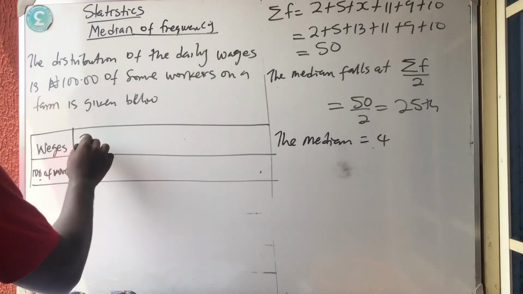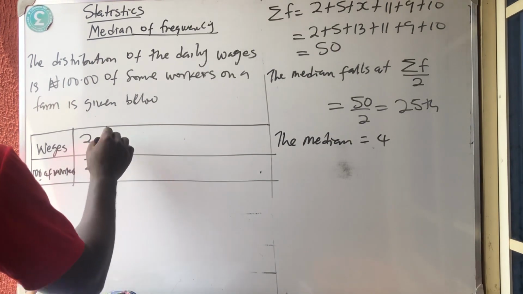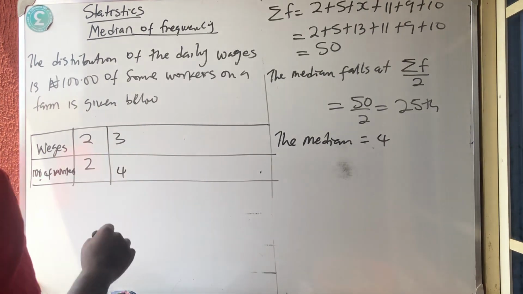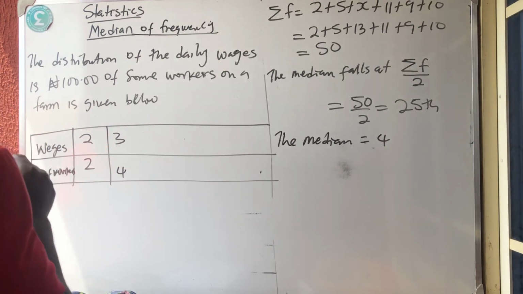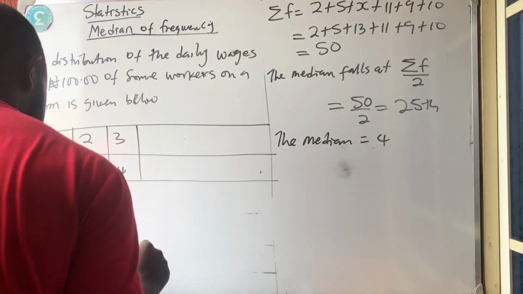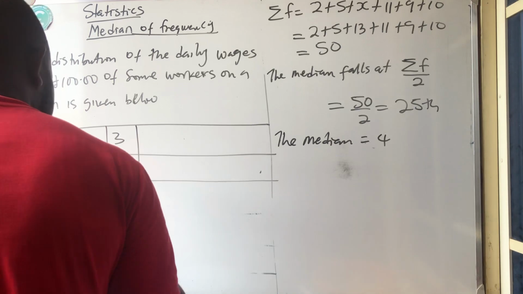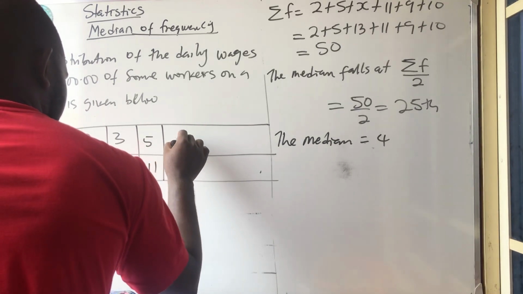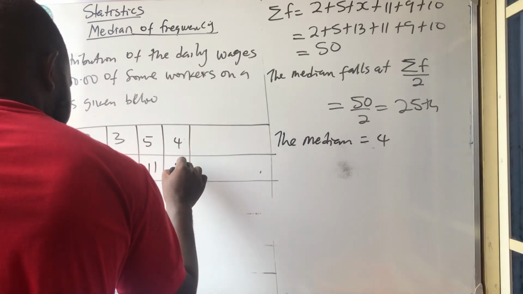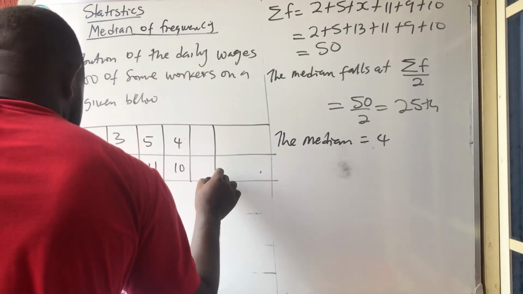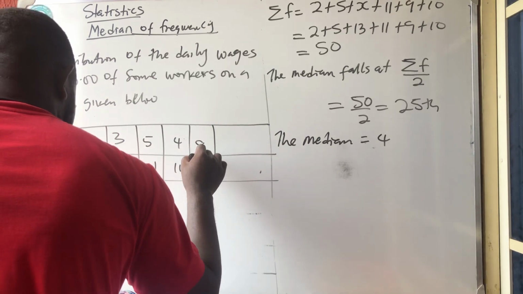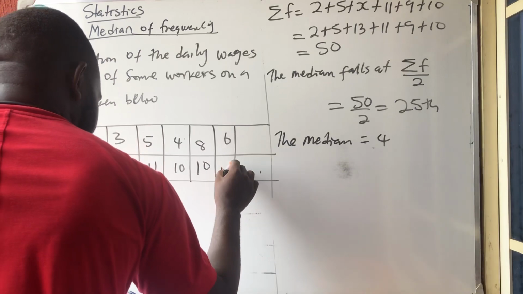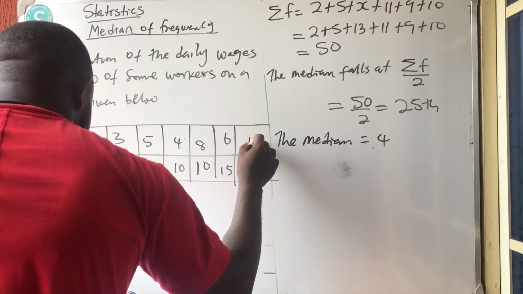So 2 people got 2, 3 people got 4, 5 people got 11, 4 people got 10, 8 people got 10, 6 people got 15, and 10 people got 3.